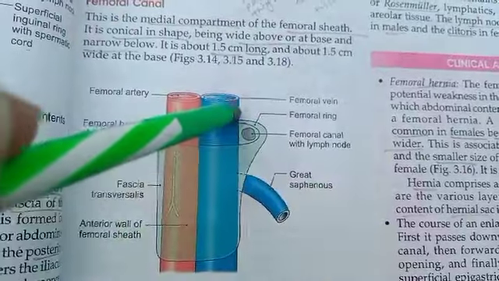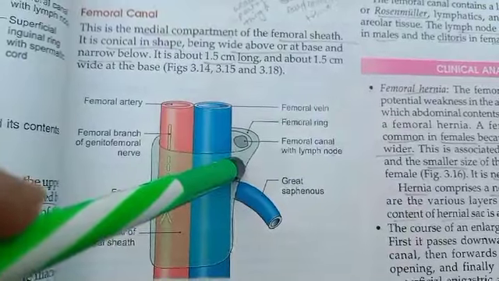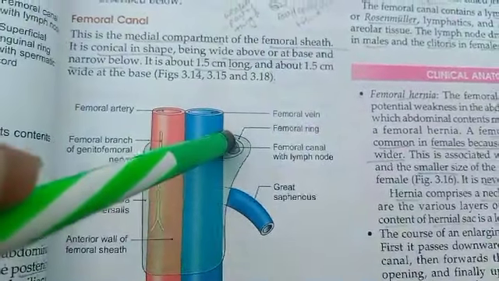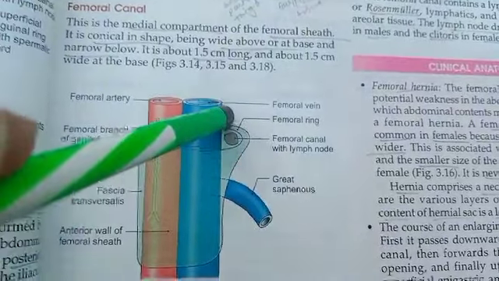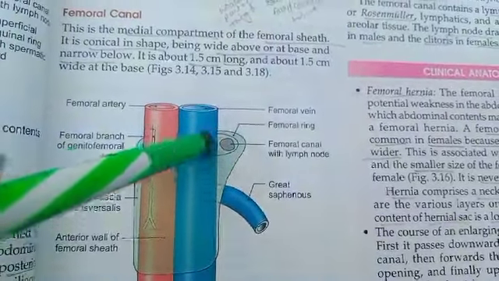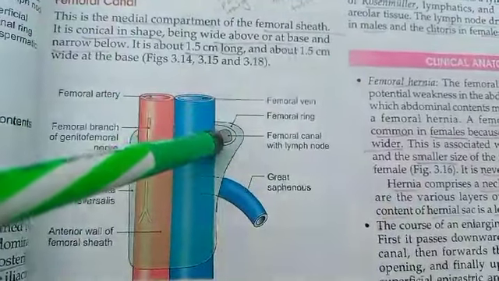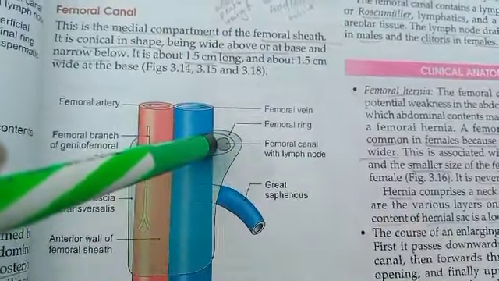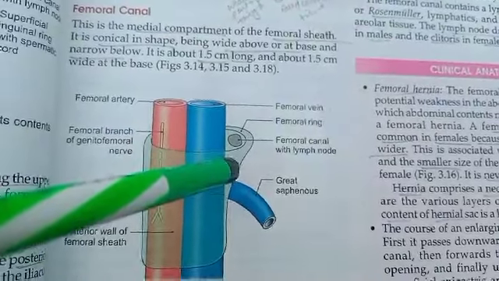The medial compartment of the sheath consists of the femoral canal, and it has lymph nodes, and these lymph nodes are covered by a ring called the femoral ring, which is broad above and narrow below.